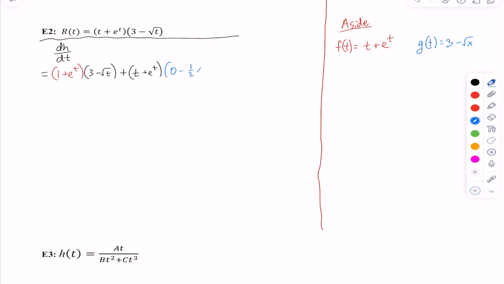Hopefully that helps you see some of these derivatives. Now you have to rely on algebra and simplify this a little bit, make it look nicer.